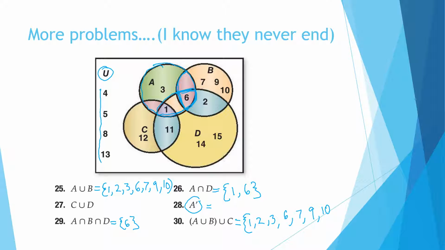And then I need to union C. Well, 1 is already there, and so I add 11 and 12 to my set. 11, 12. I realized my pen is going to hide in this color slide. All right, let us move on.